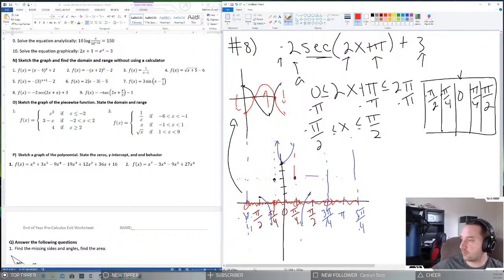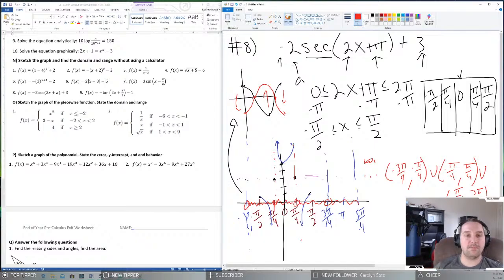So I'm going to put open circles where the asymptotes are. So we can do dot, dot, dot, from negative 3 pi fourths to negative pi fourths, union, negative pi fourths to pi fourths, union, and then just do another one. So it'd be from pi fourths to 3 pi fourths, and then dot, dot, dot. So we've established a pattern, and this would be the domain.